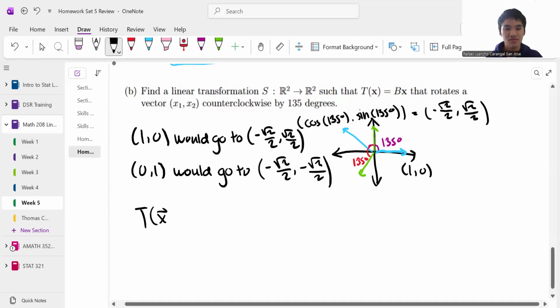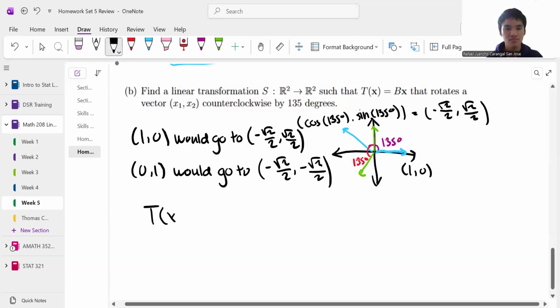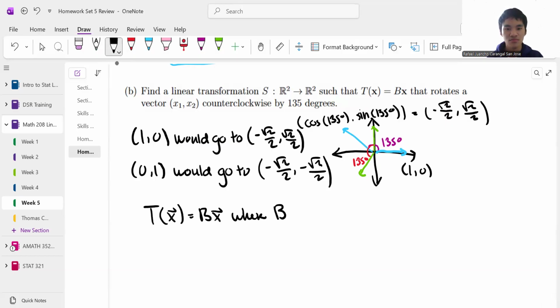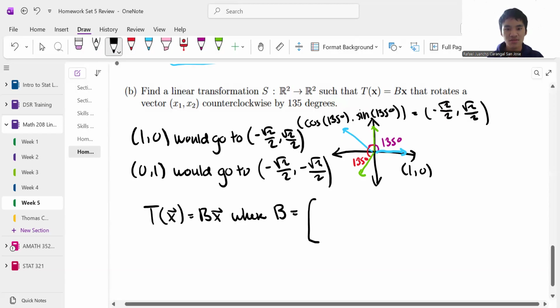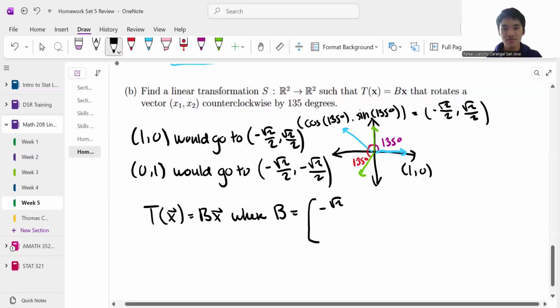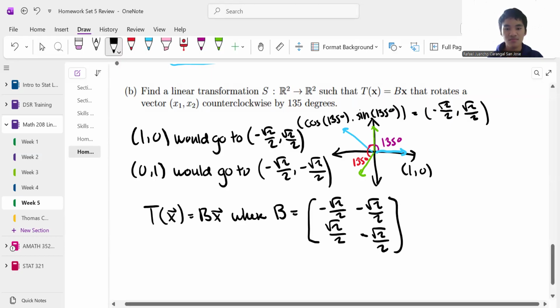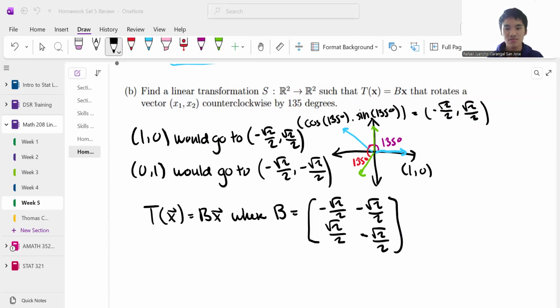So T of x is equal to B of x, where B is just, so it starts off from that vector 1, 0. That 1, 0 is going to go to where? The negative square root 2 over 2, square root 2 over 2. And then 0, 1 is going to go to where? Negative square root 2 over 2, negative square root 2 over 2. Okay.